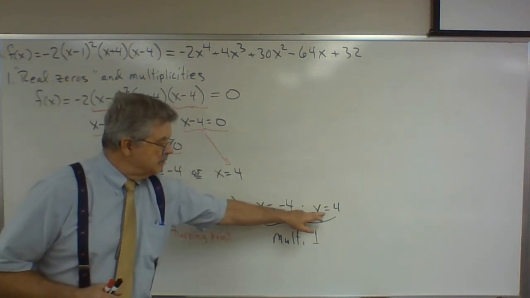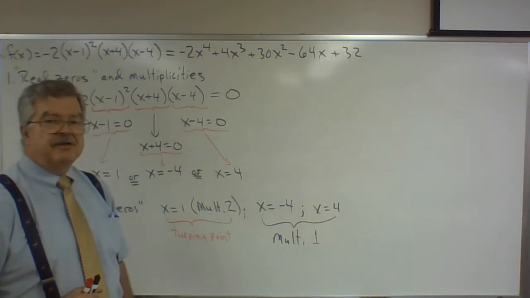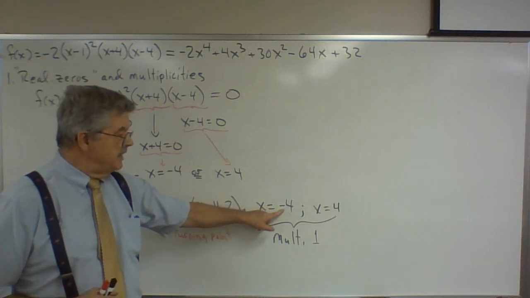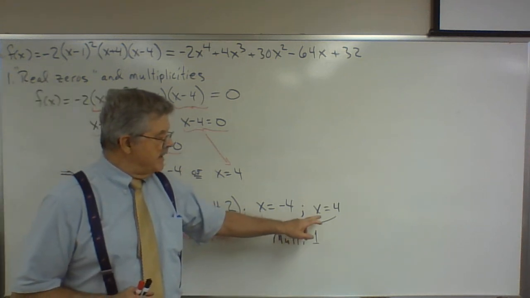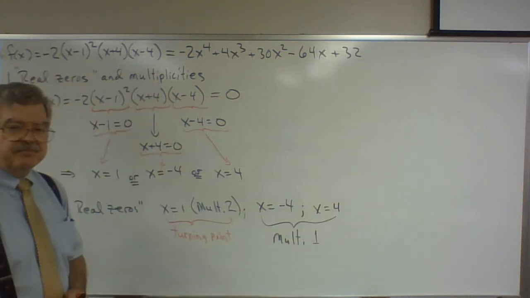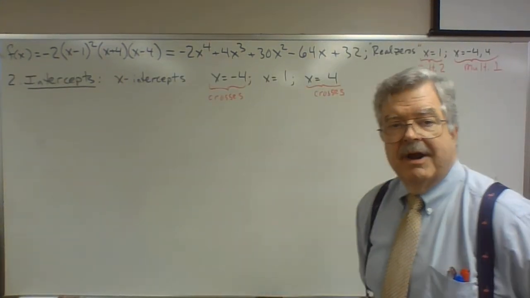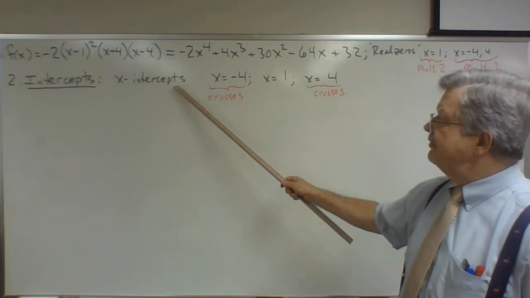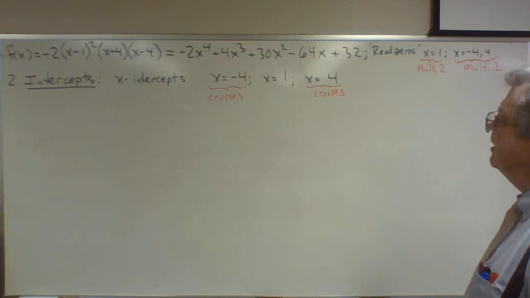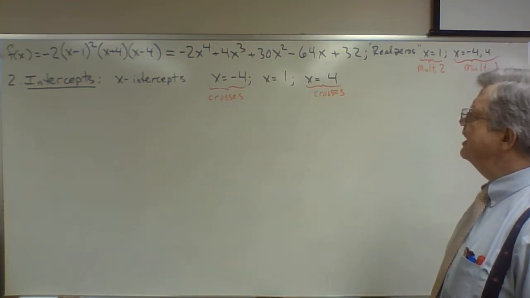Over here, the multiplicity is 1. It's an odd multiplicity, which means that the graph crosses the x-axis at x equal -4. The graph crosses the x-axis at x equal +4. We look at our intercepts now, and our x-intercepts are the same as our real zeros. So x equal -4 and x equal +4 are x-intercepts.